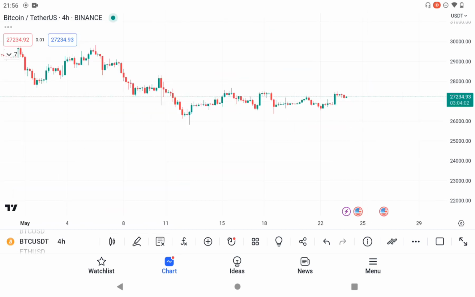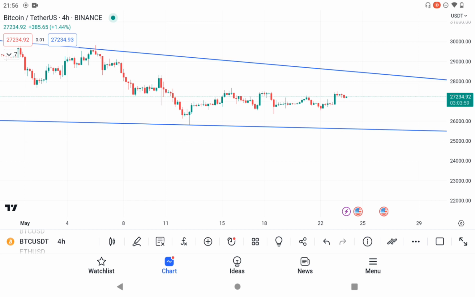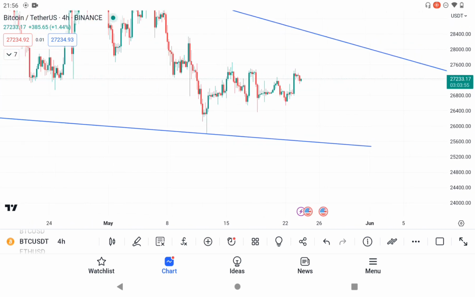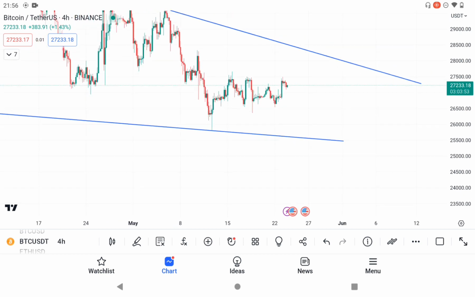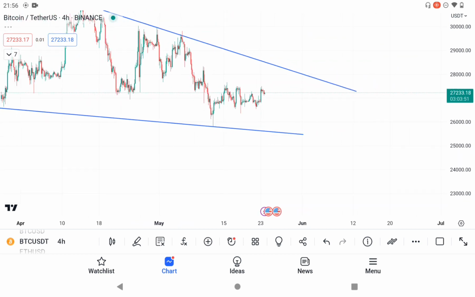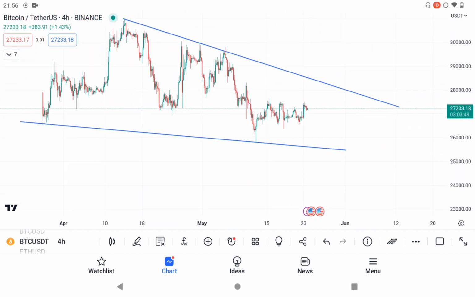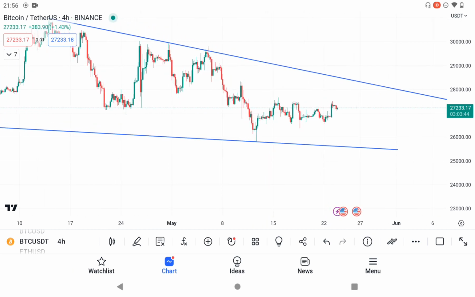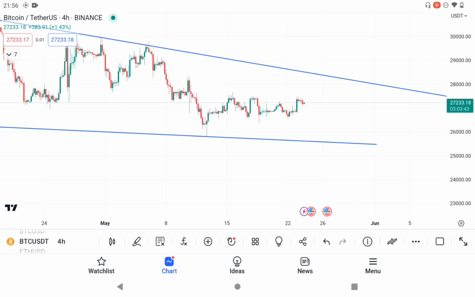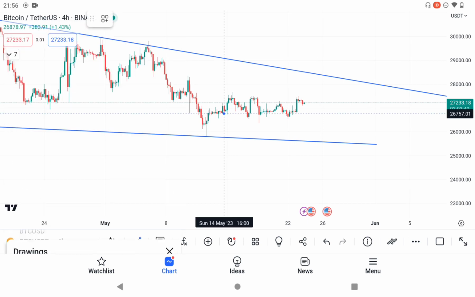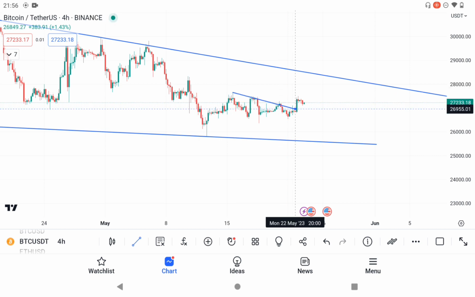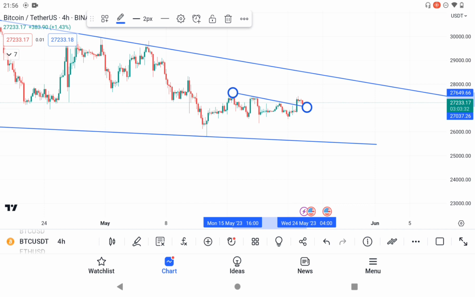Okay, so now we're at the 4 hours and this is what it is. I'm going to plot out something within the internal structure. You can see the trend line represented in blue is showing the external structure, the external point of view. So right now we'll have a trend line. I'm going to represent this in a different color.